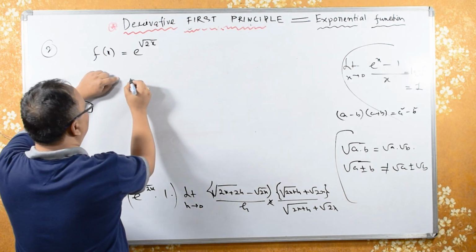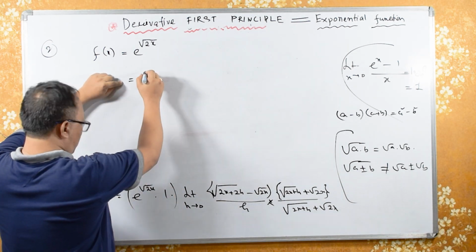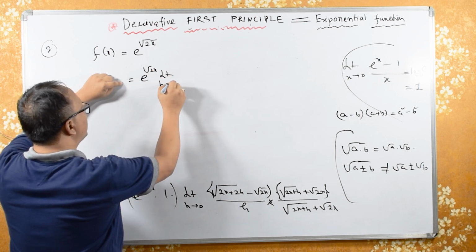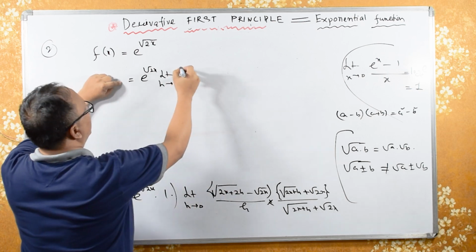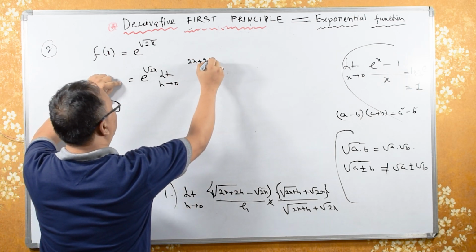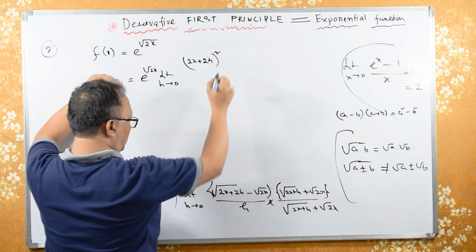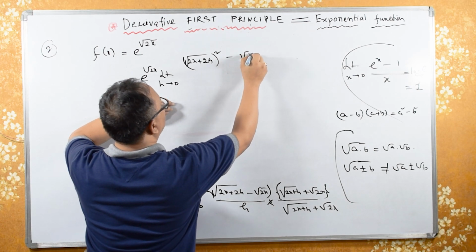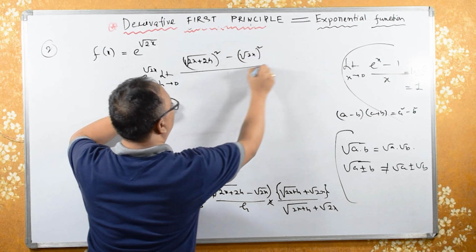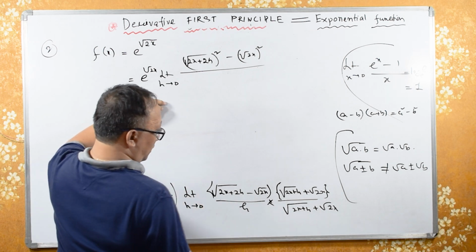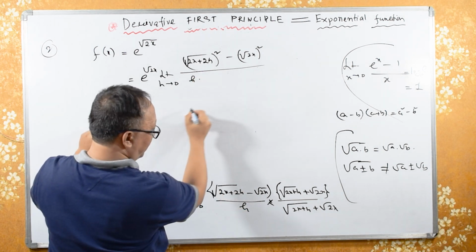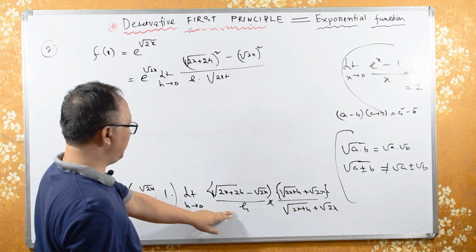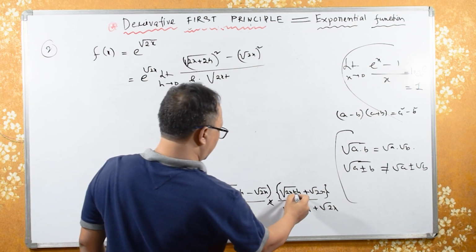Okay, therefore what we have is e raised to square root of twice x into 1, limit of h tends to 0, square root of 2x plus 2h the whole square, minus root 2x square root the whole square, upon h into what we have, square root of twice x plus, it will be twice x plus twice h.